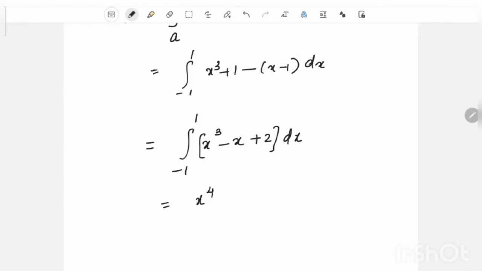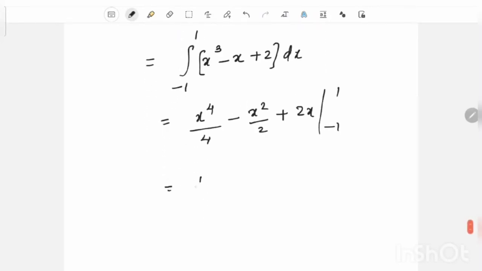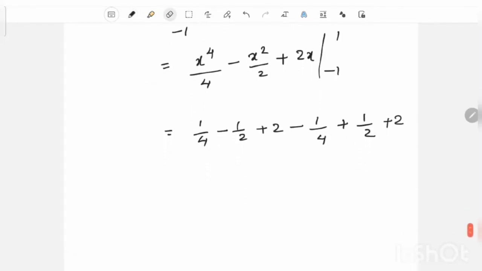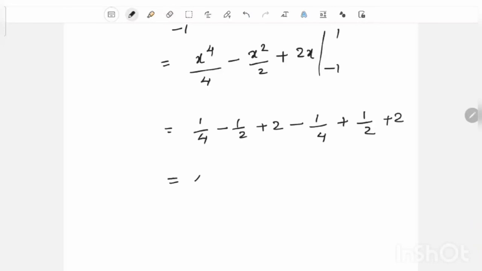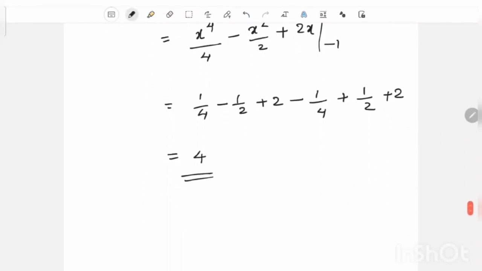The integral is x raised to 4 by 4 minus x square by 2 plus 2x from minus 1 to 1. That is equal to 1 by 4 minus 1 by 2 plus 2, minus 1 by 4 plus 1 by 2, plus 2, which is equal to 4. Thank you.